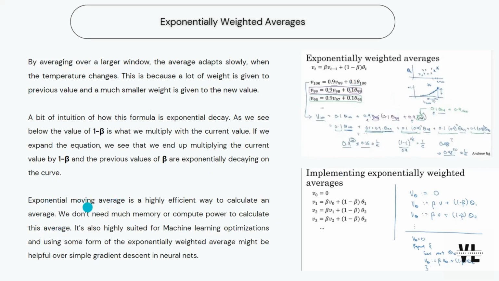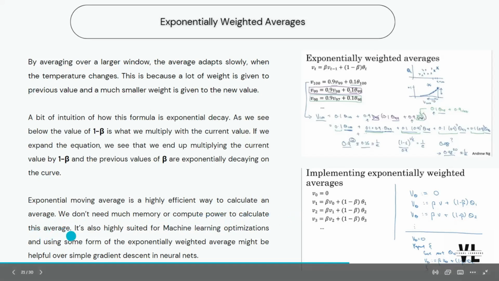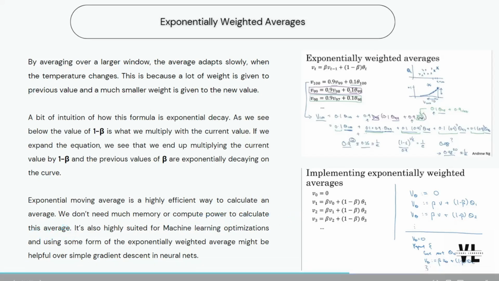weighted moving average is a highly efficient way to calculate an average. We don't need much memory or compute power to calculate this average. It is also highly suited for machine learning optimizations, and using some form of exponentially weighted average might be helpful over simple gradient descent in neural nets.